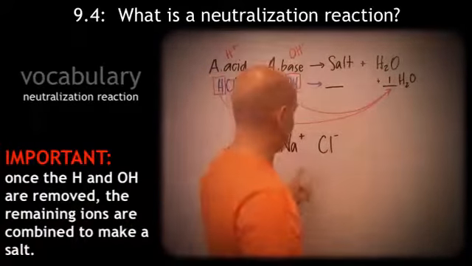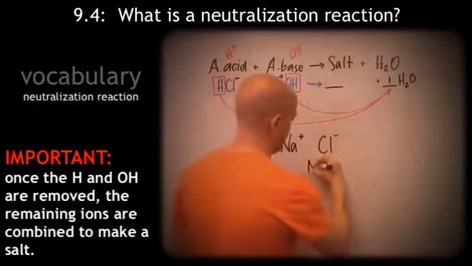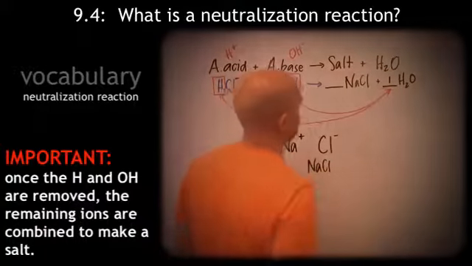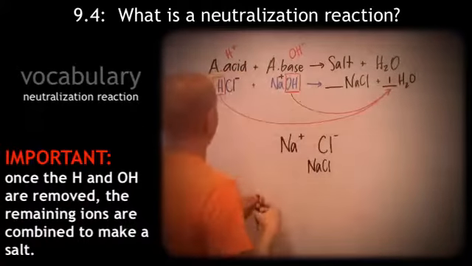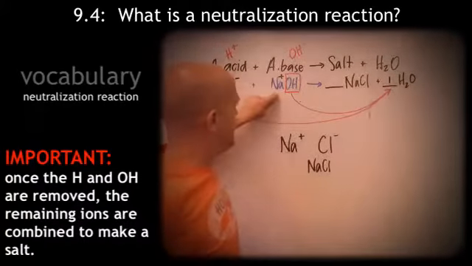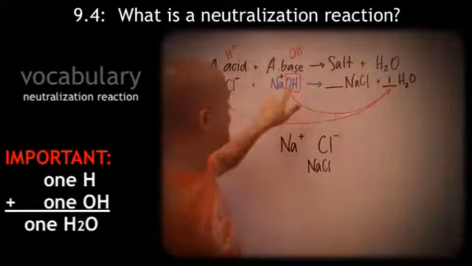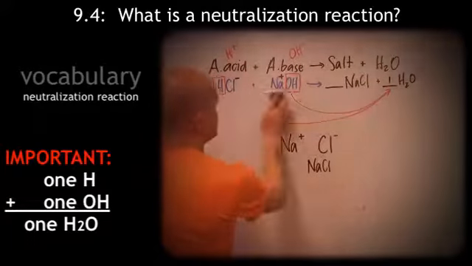When you have a 1-to-1 ratio, it's easy. They cancel each other out, so it would be written NaCl. Gets a little bit trickier, and I'm going to go over one of those in a second. But if you look here, I have 1 sodium, 1 sodium, 1 chlorine, 1 chlorine, 1 H, 1 OH, that means 1 water. This first equation is balanced.